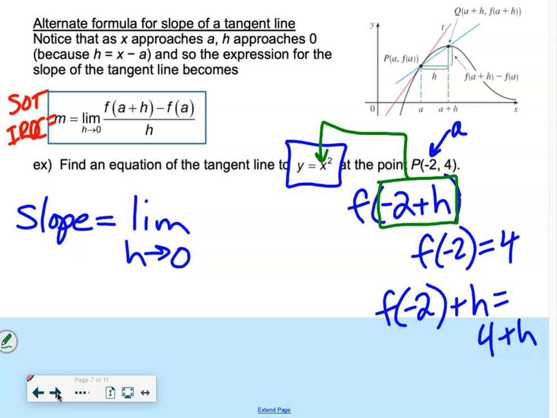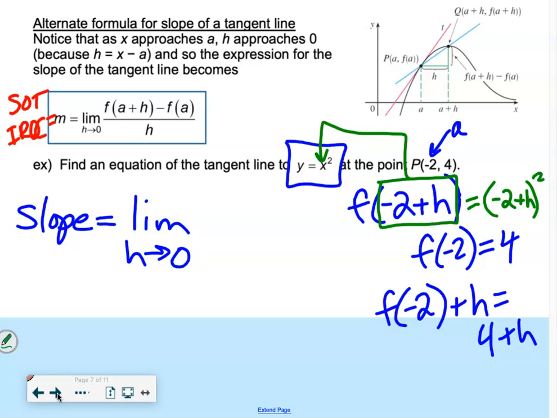So f of negative 2 plus h is negative 2 plus h, squared. You're taking everything in that parentheses, and that's what you replace your x with. Do you guys understand the difference?